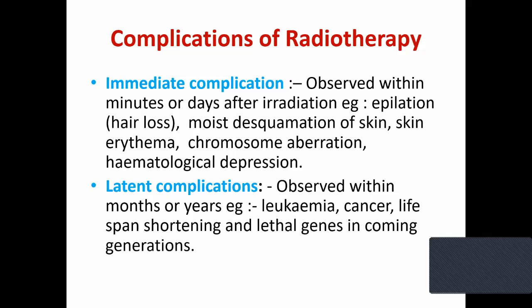Under this, you will observe loss of hair, moist desquamation of the skin, erythema, chromosomal aberration, and hematological depression. Then latent complications, which you will observe within a month or a year. Under this type, you will observe leukemia, cancer, lifespan shortening, and lethal genes in the coming generation.